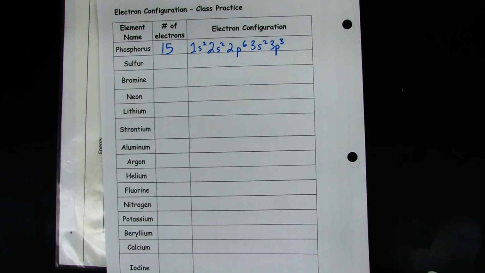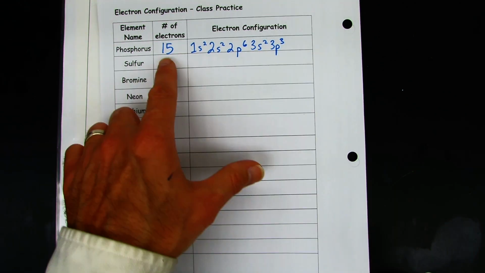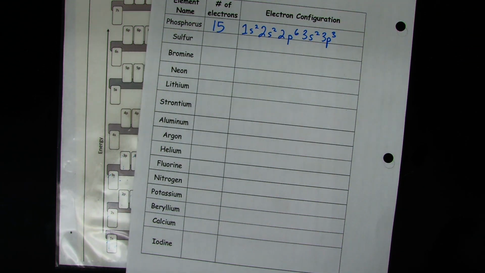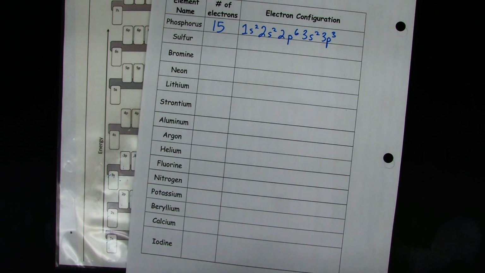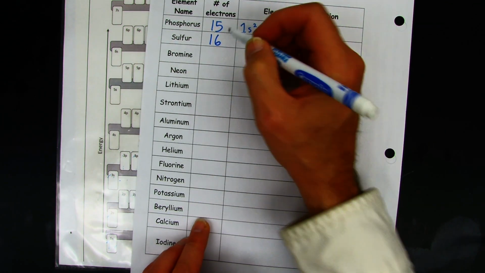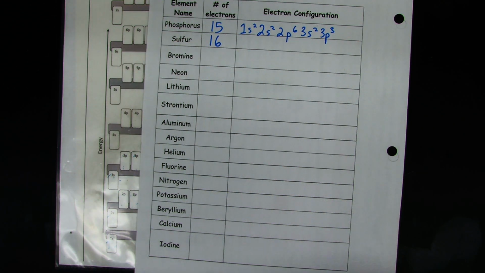Okay, next, like I said, we have sulfur. We should look up sulfur on the periodic table. We look up sulfur and we see that it's number 16, right next to phosphorus. So that has 16 electrons because we have 16 protons and we're assuming a neutral atom.